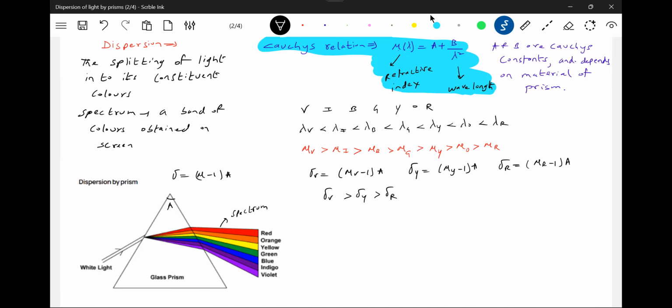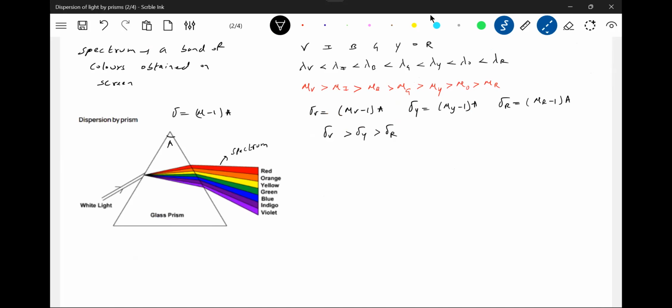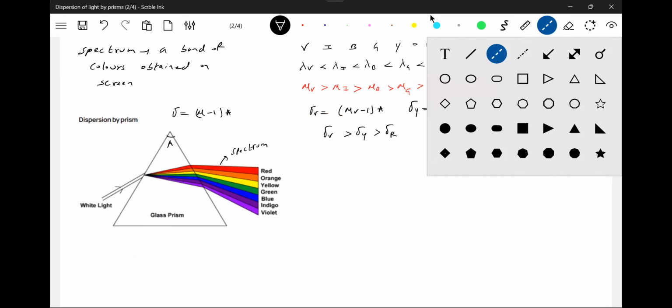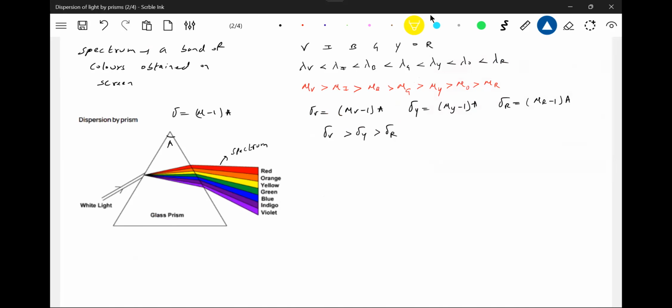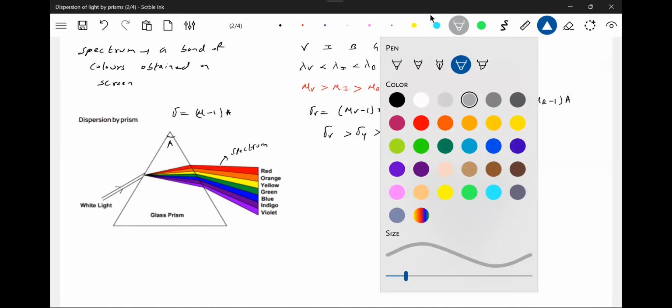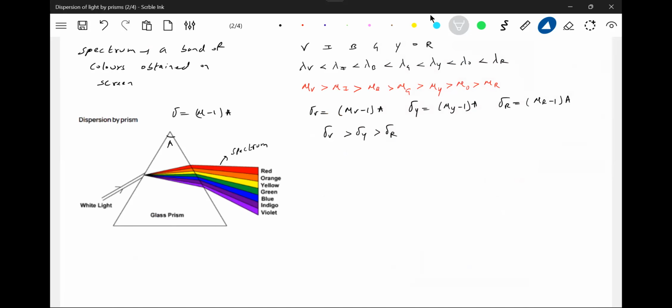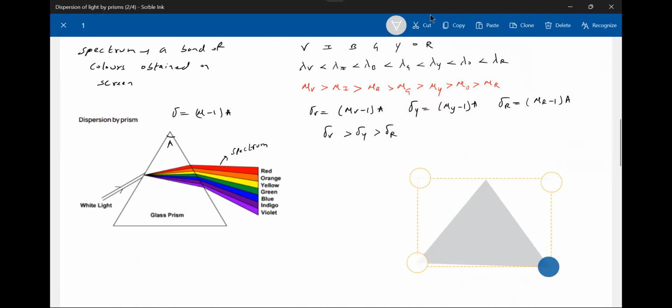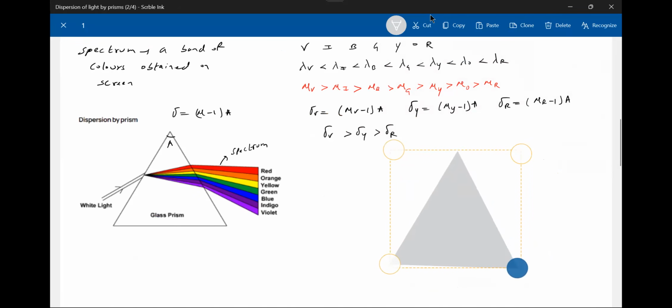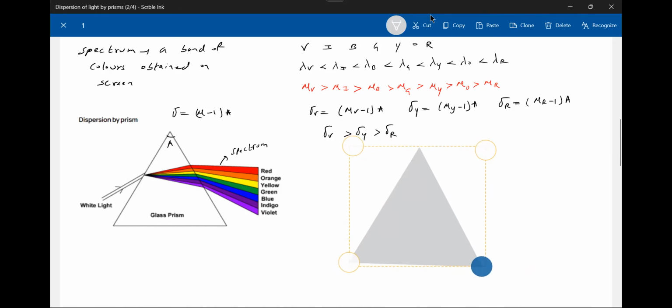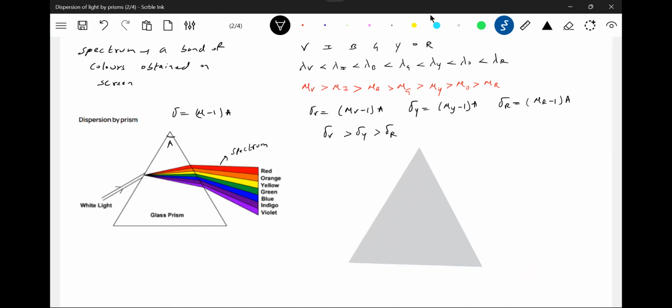So now, is the spectrum okay? Let me bring the basic diagram. When a white light is incident, it will break up into its constituents.